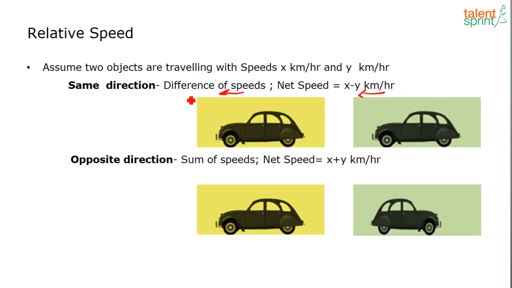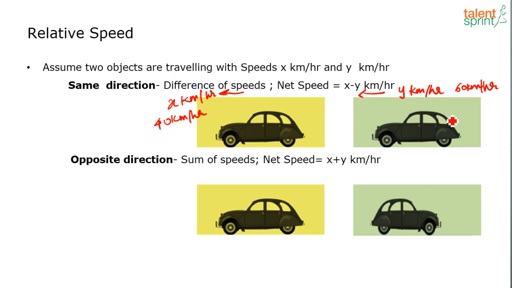Let us assume that this car is traveling at x kilometers per hour and this car is traveling at y kilometers per hour. Or let us take numbers for easier understanding. Let us say this car is traveling at 60 kilometers per hour, so y is 60, and this car is traveling at 40 kilometers per hour. Now what is happening?